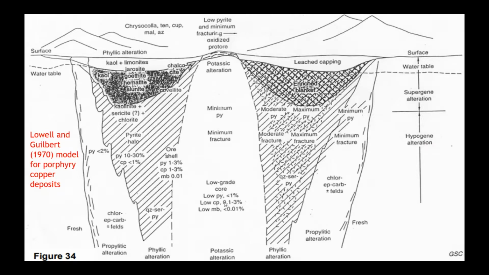Now, this doesn't produce strong leaching, but may result in a modest overprint of montmorillonite and kaolinite in the hypogene and supergene zones. So when you're working in those zones, whether you're looking at core or you're in the field, looking for the presence of montmorillonite and kaolinite is important.